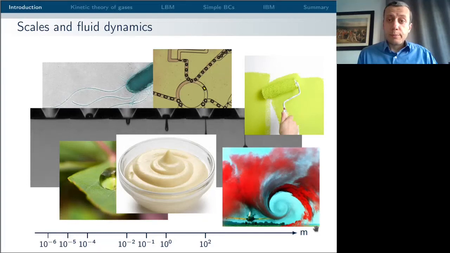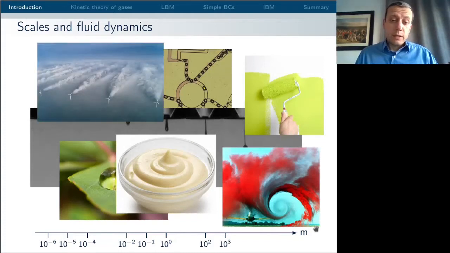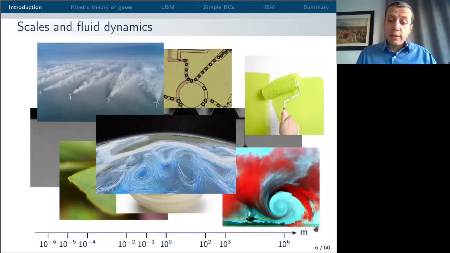Then of course eddies, whenever you see a plane flying, when you're talking about wind interacting with a building, the typical length scale can be 10 meters or maybe 100 meters, and you can go to larger scales like wind turbines and even oceans and atmospheric air motion. You can see that we are covering here 12 orders of magnitude in length, and the interesting bit is that all these scales and all the fluid mechanics happening here can be described by the Navier-Stokes equations.